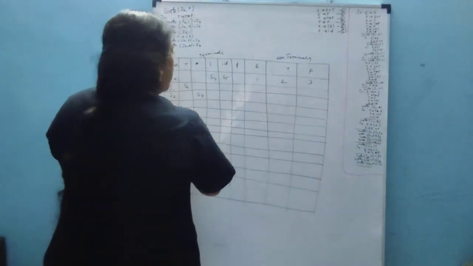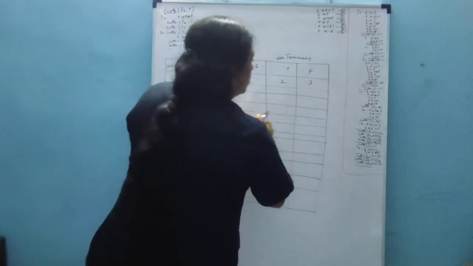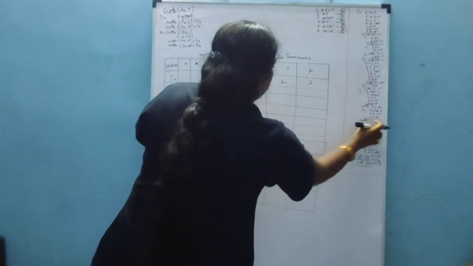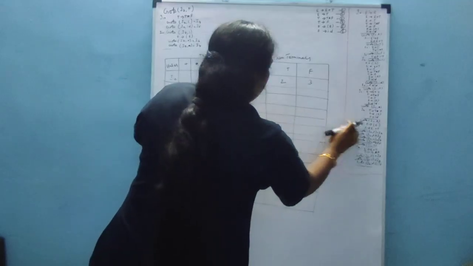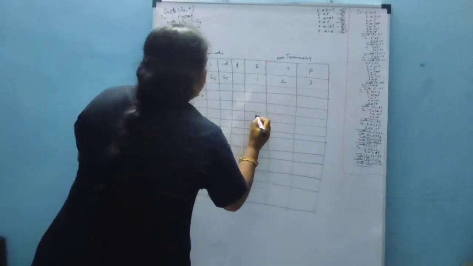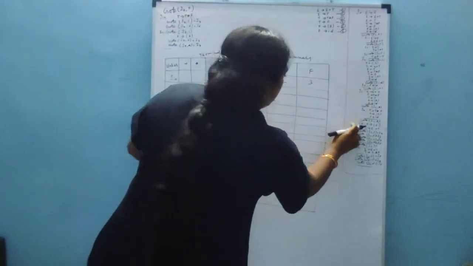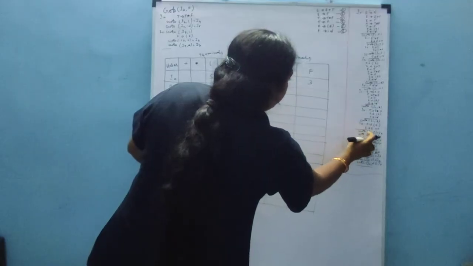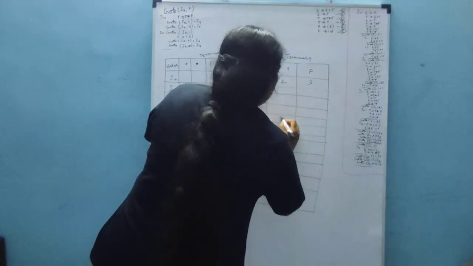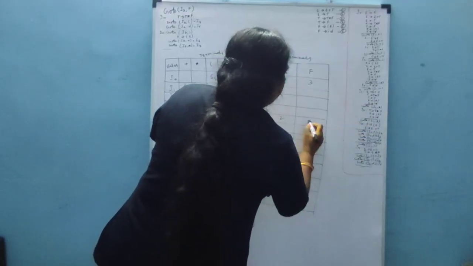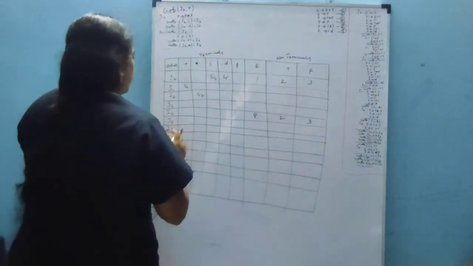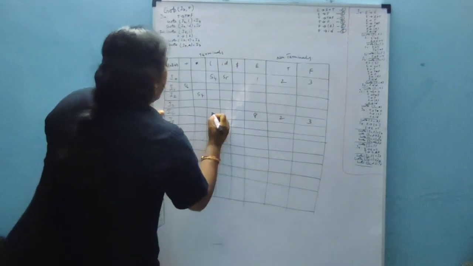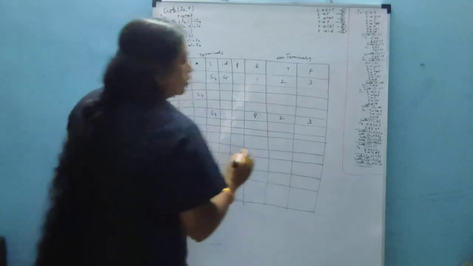Then I4 comma non-terminal E has the value 8. Since it is a non-terminal, you write only 8. I4 comma T, 2. I4 comma F, 3. I4 comma open bracket means shift 4.